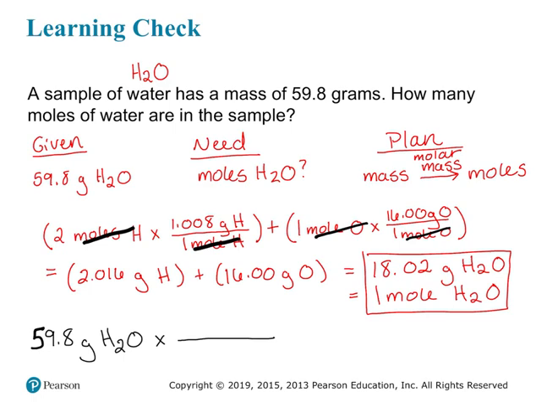So similar to our last problem, 1 mole will go in the numerator because we're trying to get to moles, right? That's our desired unit. And then we'll put the other part of our equality in the denominator because we're trying to cancel grams.